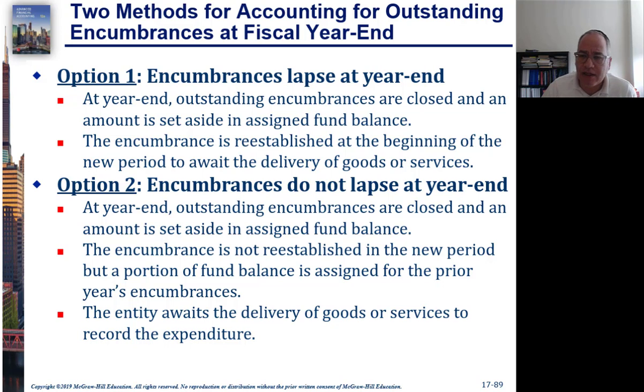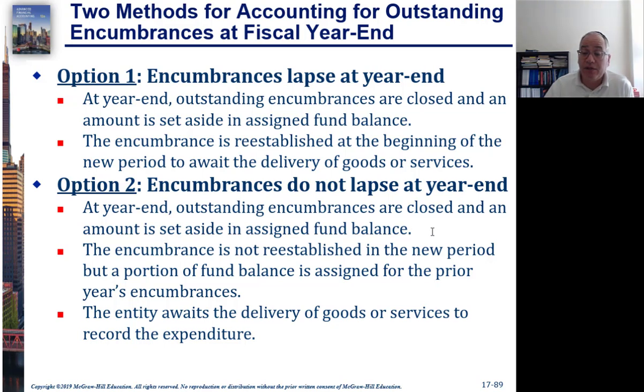With lapsing encumbrances, at year end you close out all your encumbrances and you put them into an assigned fund balance instead. That indicates that the money has been set aside. At the beginning of next year, you're going to set up a new encumbrance, assuming that you intend to honor it. There's an alternative approach, called encumbrances that do not lapse.